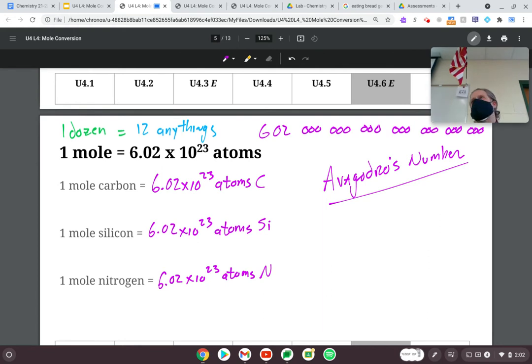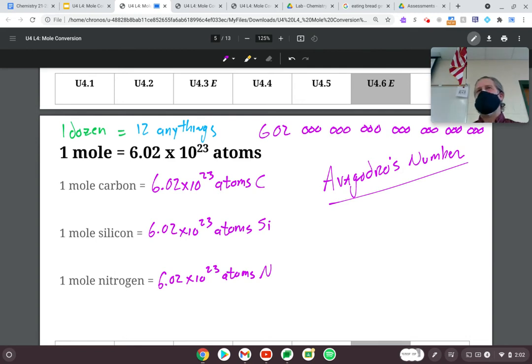And it's called Avogadro's number because Avogadro was a scientist or alchemist, I forget which, basically the same. And he made the observation that if you have a balloon filled with 1 liter of helium and a balloon filled with 1 liter of, let's say, chlorine gas, which are 2 very different elements, the number of particles inside each 1 liter balloon would be the same.